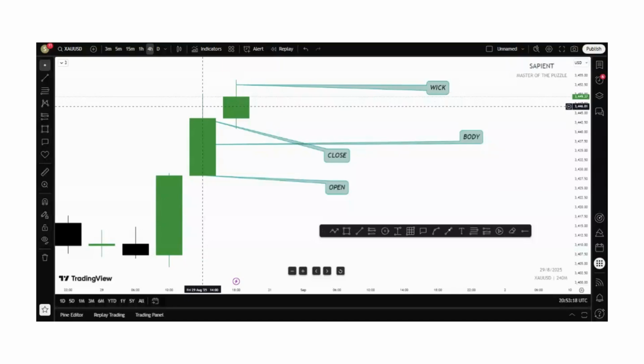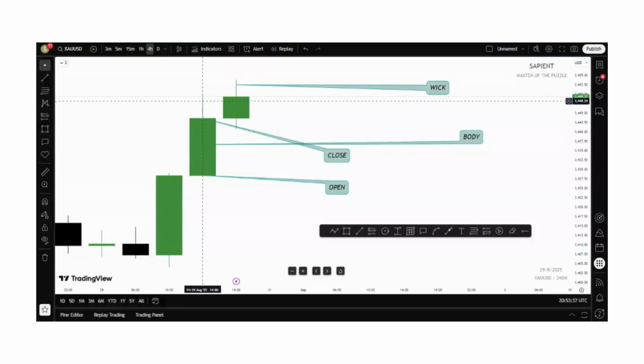I don't want to complicate things, I want to make it look very easy. So we just know that the wick shows where price has been. I don't know if that English is too big.